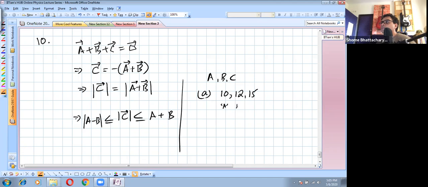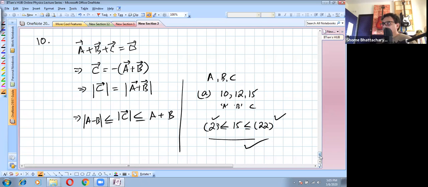Suppose you take this as A, this as B, and this as C. You can see that 15 is less than the sum, which is 22, so that's correct. And 15 is greater than the difference, which is 2, so that's also correct. So yes, it can be.